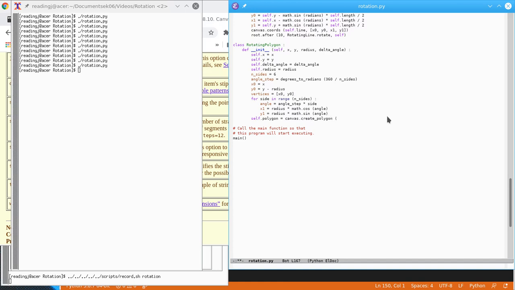So I can't do create polygon yet. I need to say vertices.append(x1), vertices.append(y1). Okay, that's what I was looking for. So I didn't really need to have x0 and y0. I could have just put them into this list.